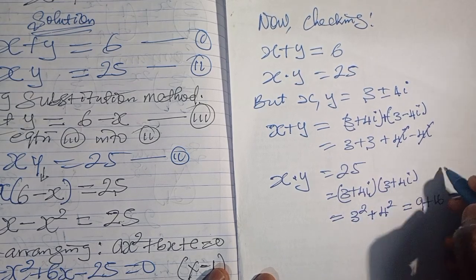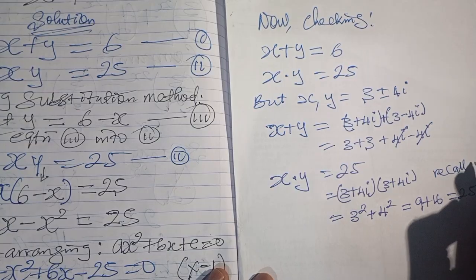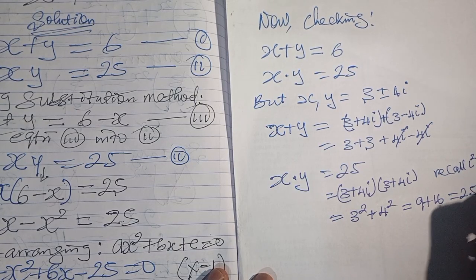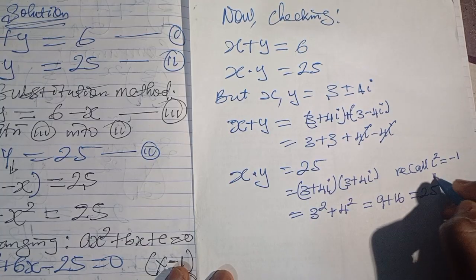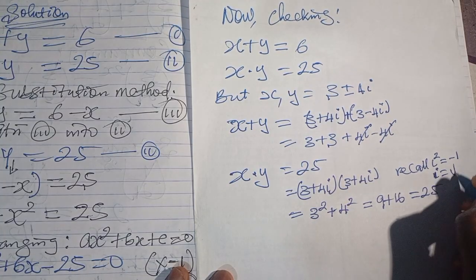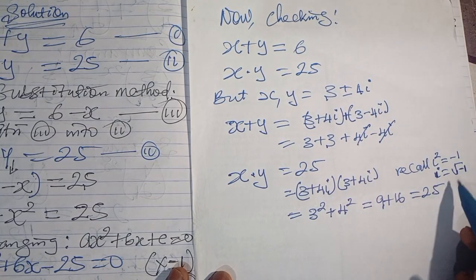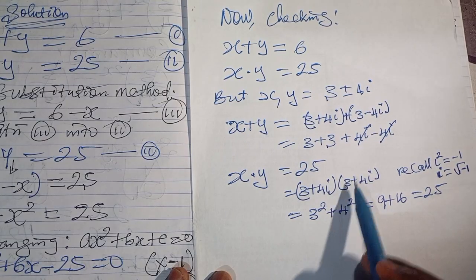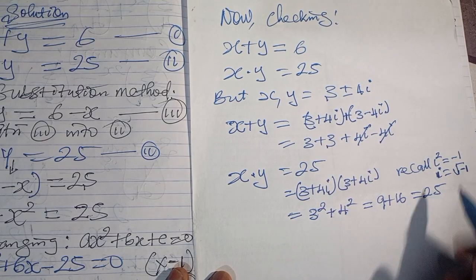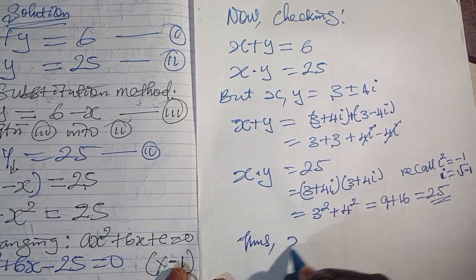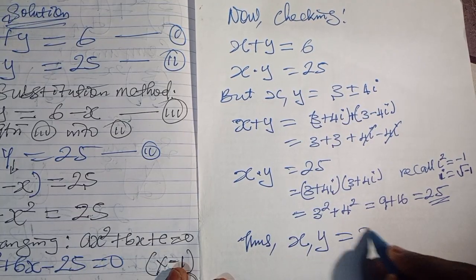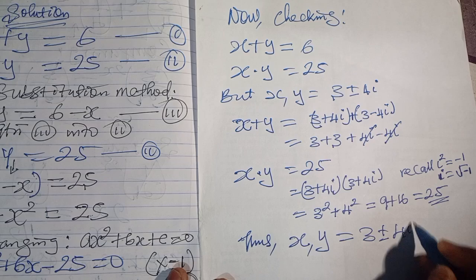If you expand this, recall that i squared is equal to minus 1, and i alone equals root minus 1. Thus, the values of x and y are 3 plus or minus 4i.